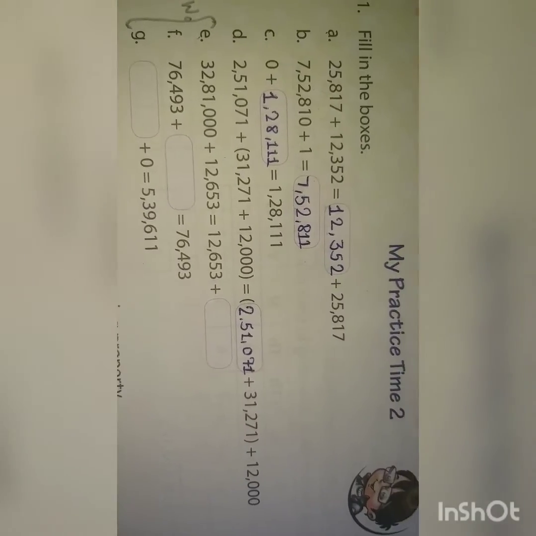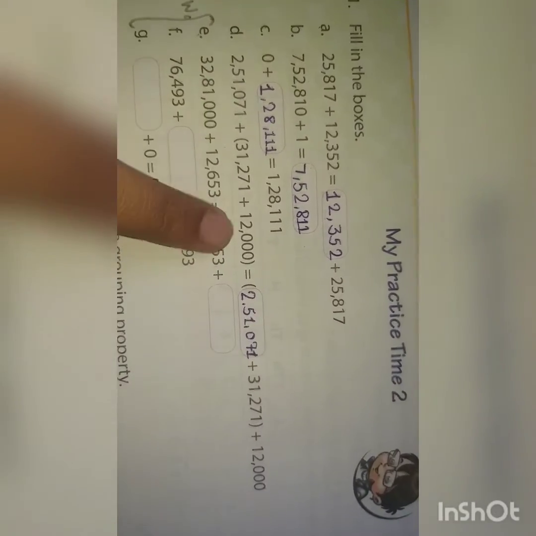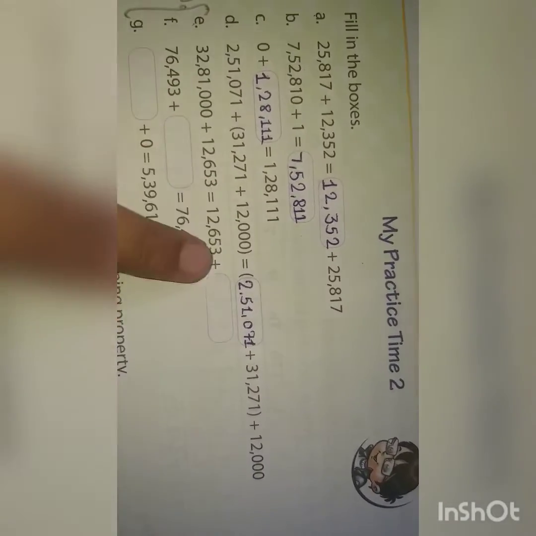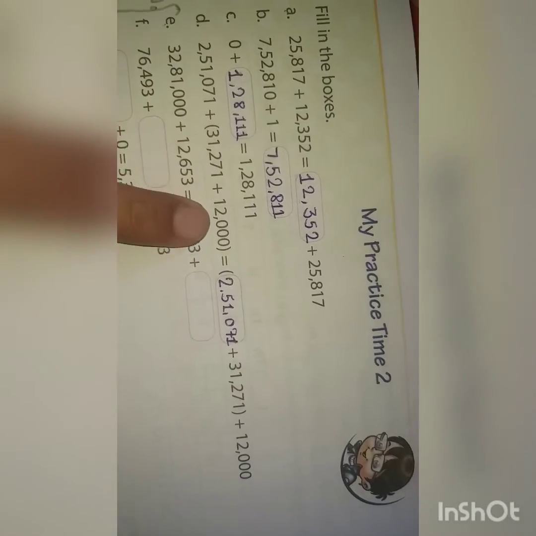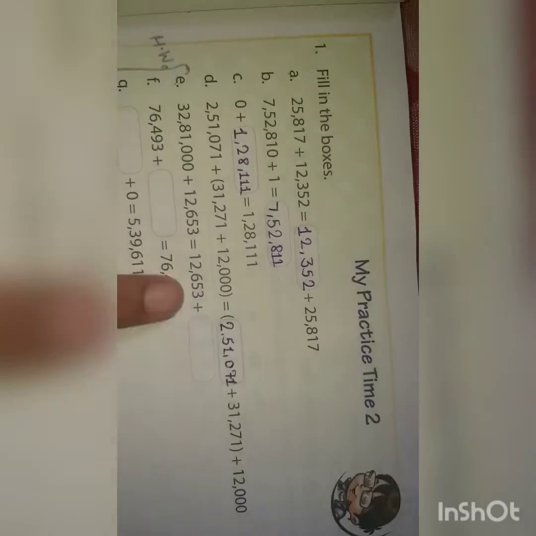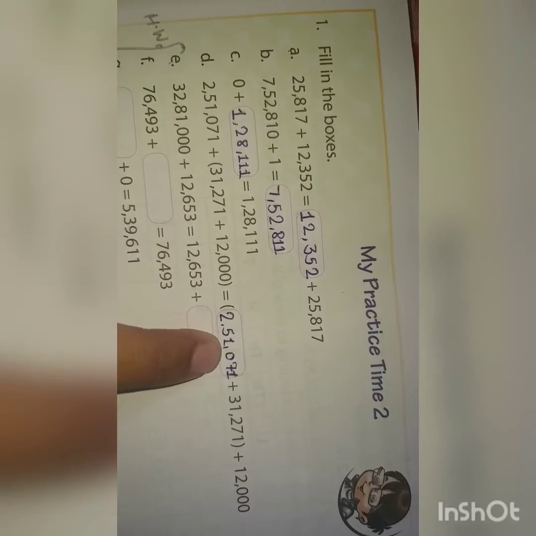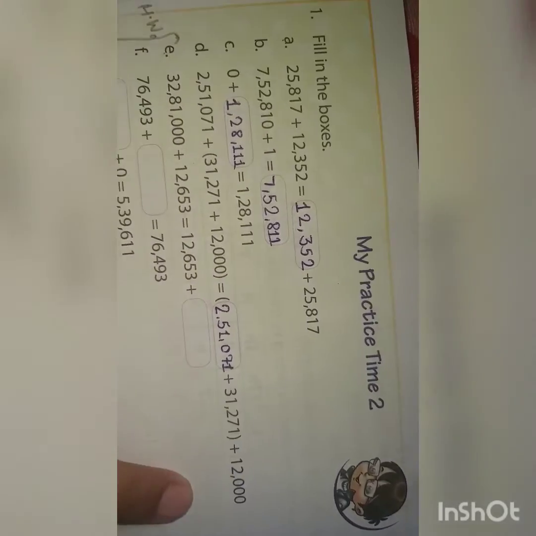Now students, in question D we can see that there is a grouping property. This question is about the grouping property. First plus second plus third number added is equal to dash dash plus second plus third. Here the answer will be the first number.